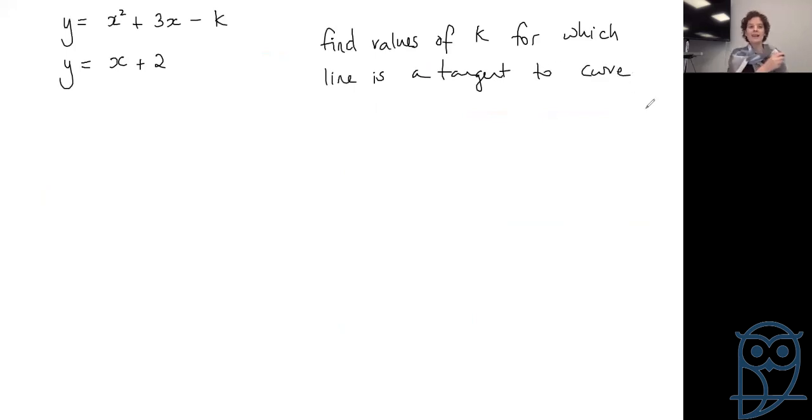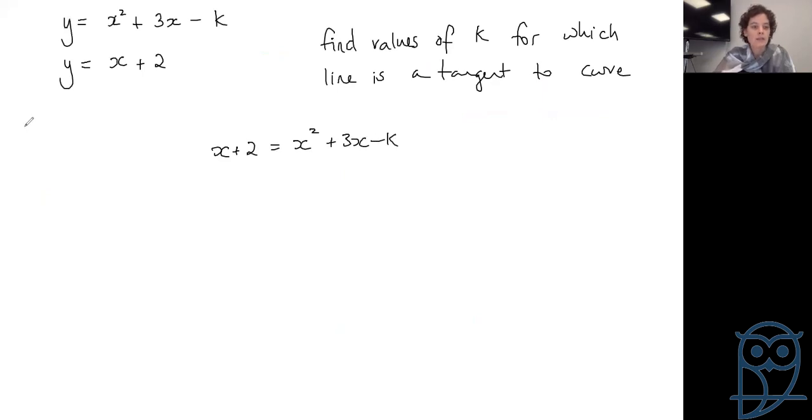That's your classic basic question when it comes to using the discriminant. In order to do line is a tangent to the curve, we first need to represent this in one equation. So we put them together: x plus 2 equals x squared plus 3x plus k.